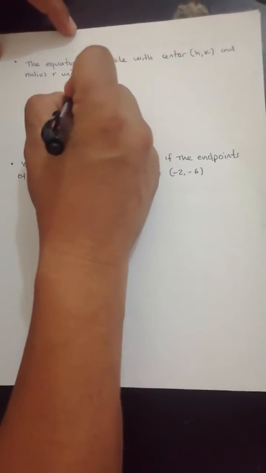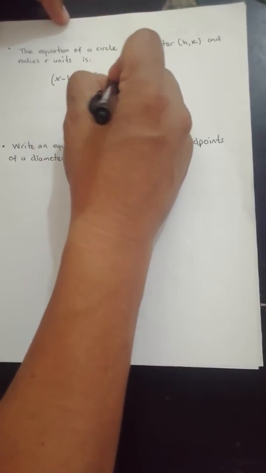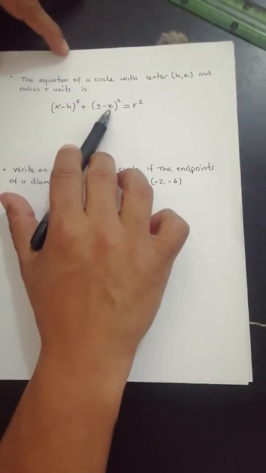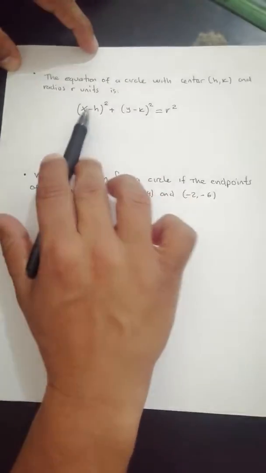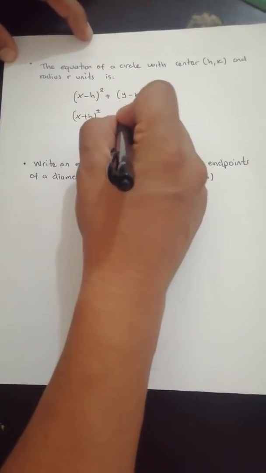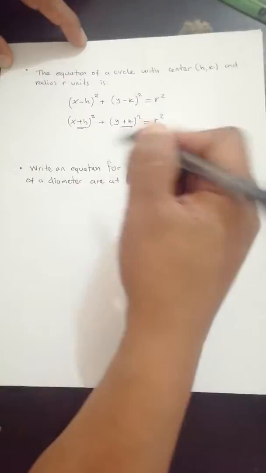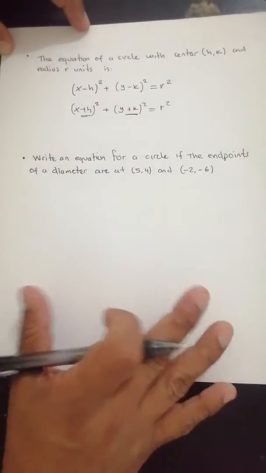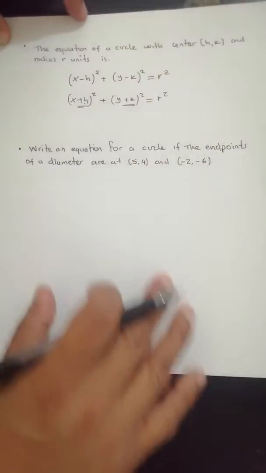It's basically x minus h squared plus y minus k squared equals r squared. Keep in mind that if one of these coordinates, either h or k, is negative, then the equation will change into x plus h squared plus y plus k squared equals r squared. That will happen when the center is in the second, third, or fourth quadrant, where either h or k is negative or both of them.